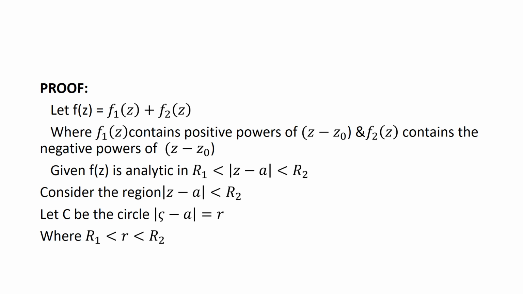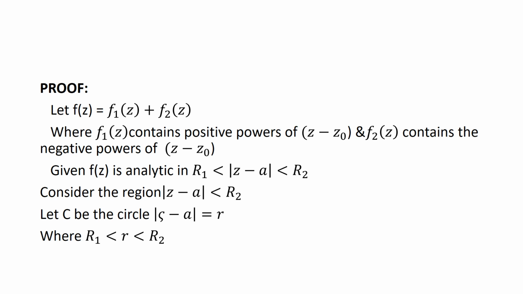Given f of z is analytic in the annular region R1 less than modulus of z minus a less than R2. Now let us consider the second part of the inequality, modulus of z minus a less than R2.